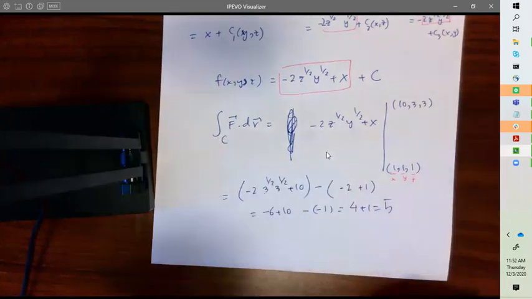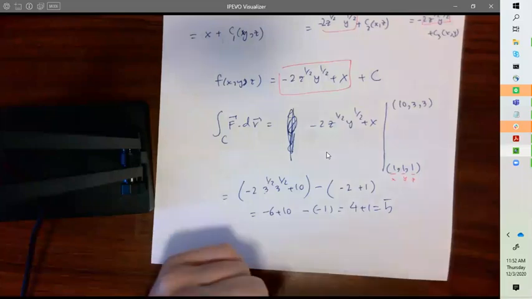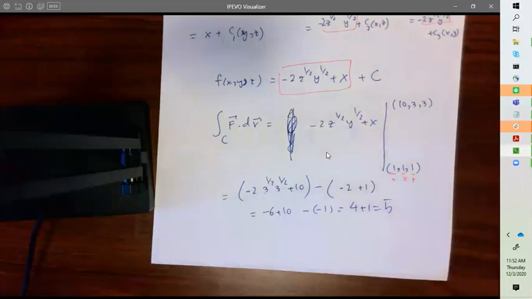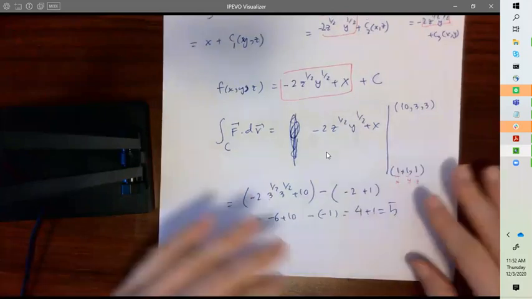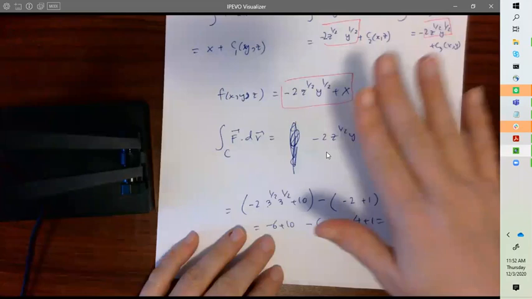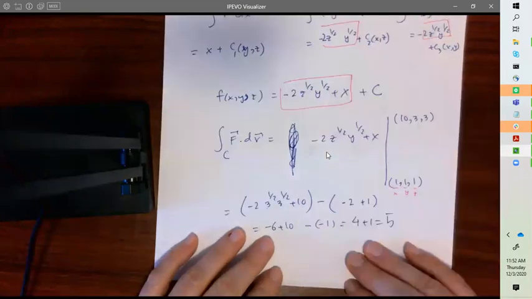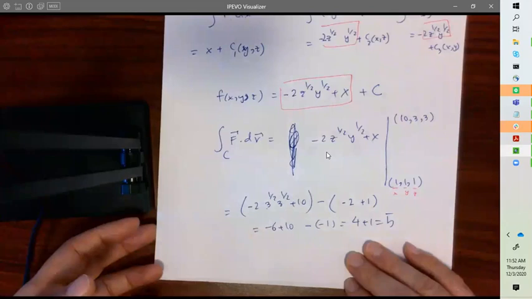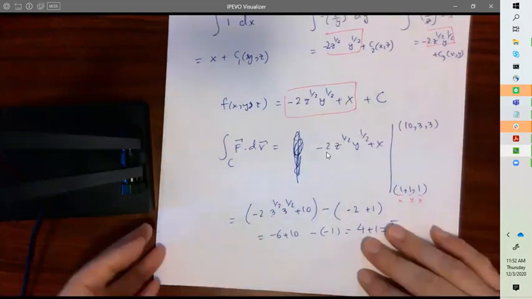In here, you plug in x, y, z. Those are the fun parts. That's why we call this the fundamental theorem of conservative fields. The other ones are also called fundamental theorems of something. They're the fundamental theorems of Calc 3.